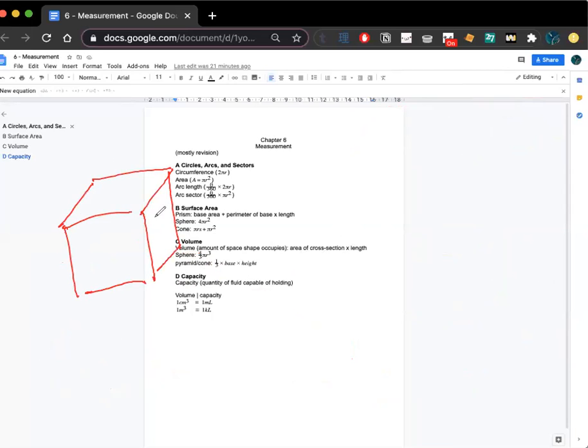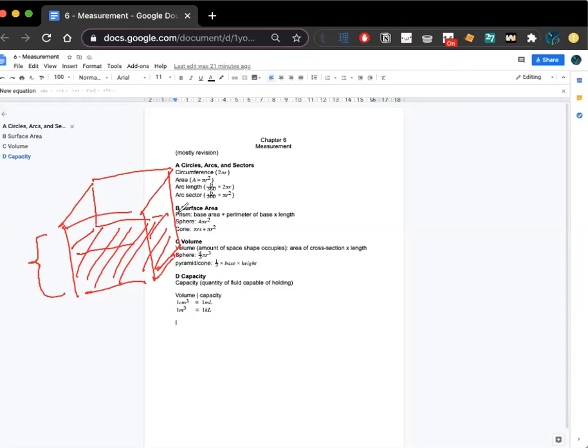But the difference is that, for example, if you have this kind of cube and you want to fill it with some tap water, then the volume of the water wouldn't fill up the entire capacity of the cube, because in this case the water is only half of the cube.